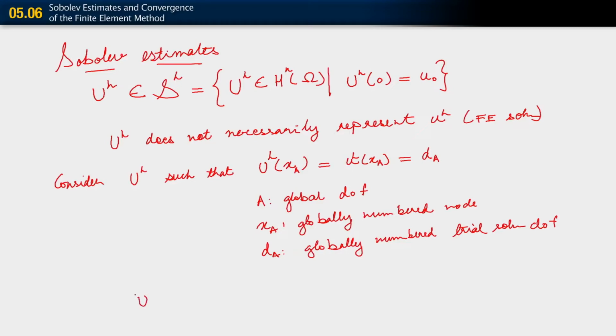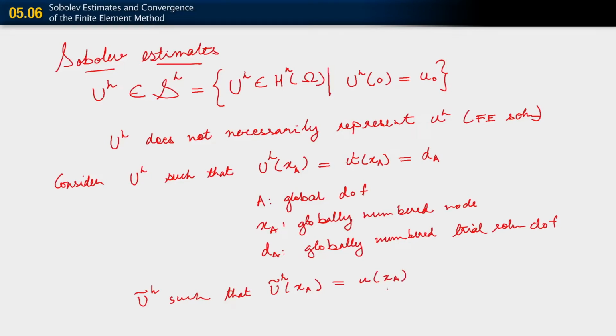Okay, right. So this is not exactly the solution we want, not exactly the function we want. Consider another function u tilde h, which is such that u tilde h, okay, at x a now equals the exact solution evaluated at that point. Okay.